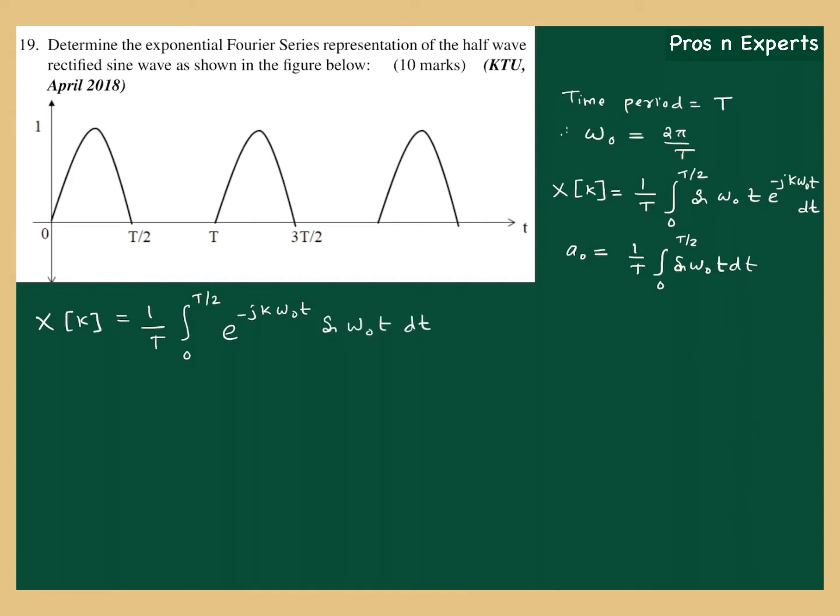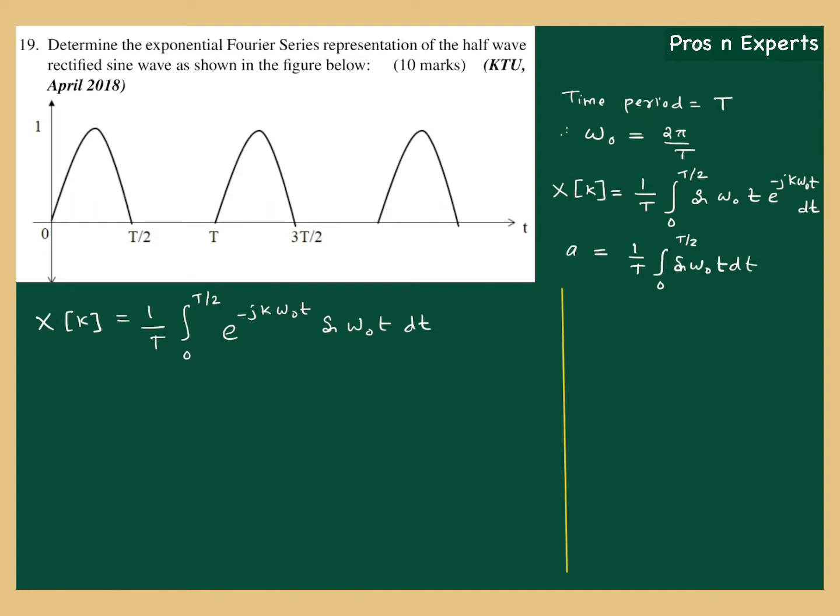Now this is a very big integral with so many steps, so I can tell you a result. If you can just remember this, it will be useful in many subjects, not only in signals.